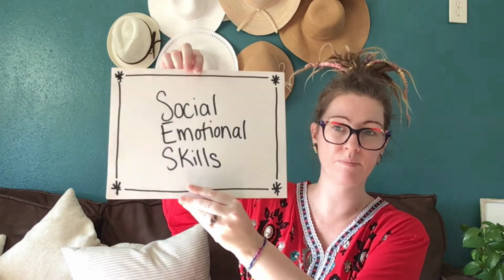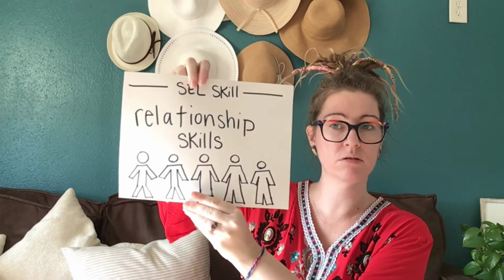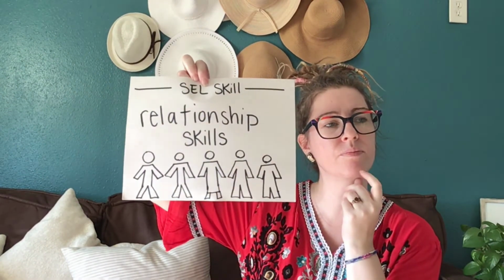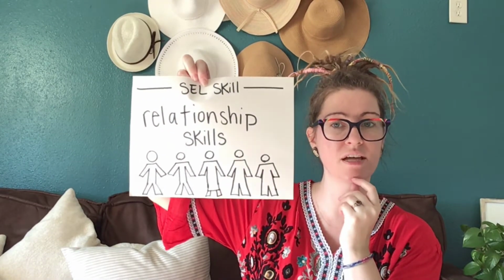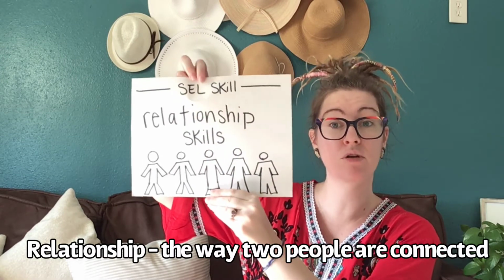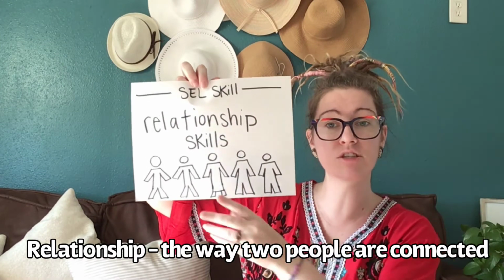Okay? And then our social emotional skill is relationship skills. Now, a relationship, what is that? If you have a relationship with someone, what does that mean? Well, a relationship is when you know someone. And you could have a teacher-student relationship with someone.